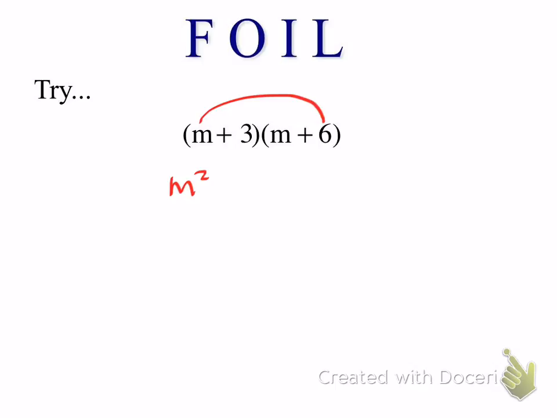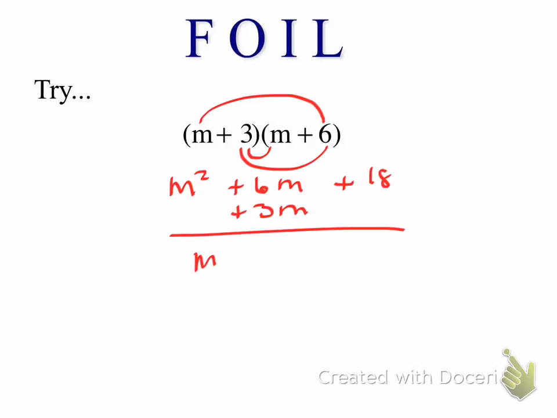Good, and that would be? 6m. Okay, and the inner? For the inner, it would be 3m. And for the last, it would be 3 and 6, which is? 18. Good. And it simplifies to? M squared plus 9m plus 18.